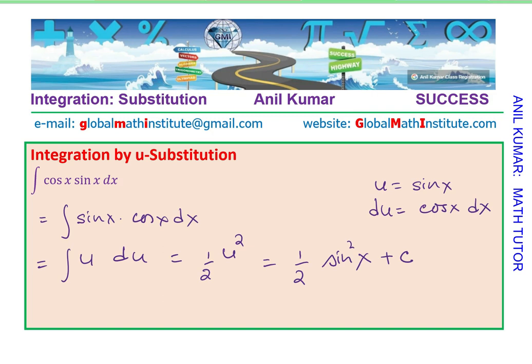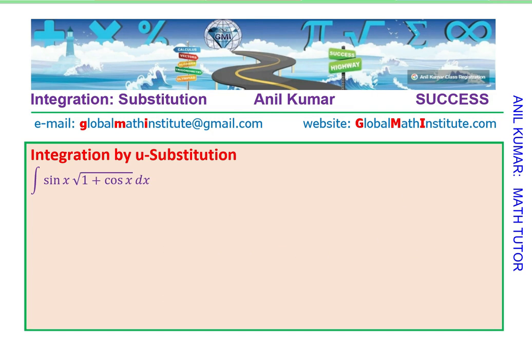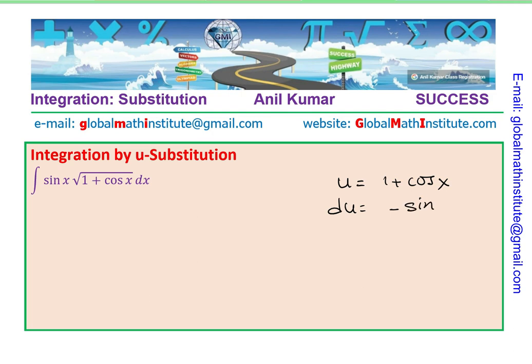Correct. Now here is the last question for us to do: sin x times square root of 1 plus cos x dx. In this case, we have no choice but to put u as 1 plus cos x. And definitely du will be the derivative of 1, which is 0, and of cos x, which is minus sin x dx. So now we could rewrite this as the integral of square root of 1 plus cos x.